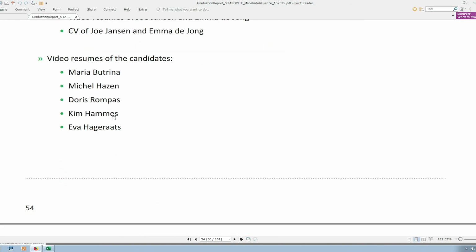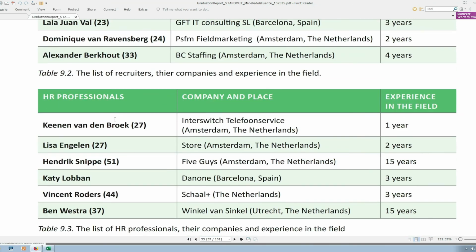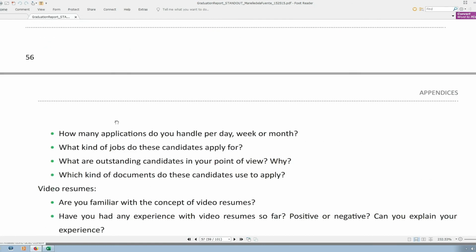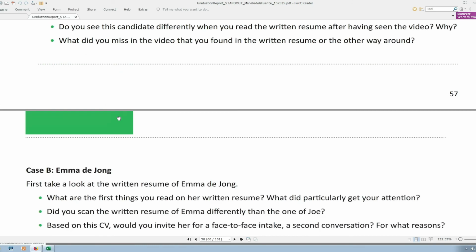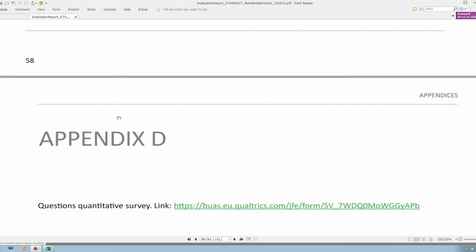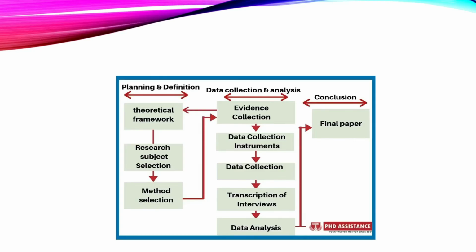Appendix A, the interviews. Appendix B, the participants. Appendix C, questions during the qualitative research. Appendix D, the survey.